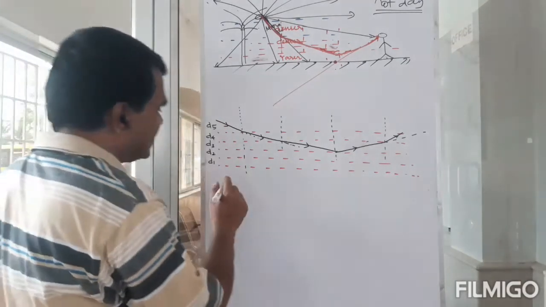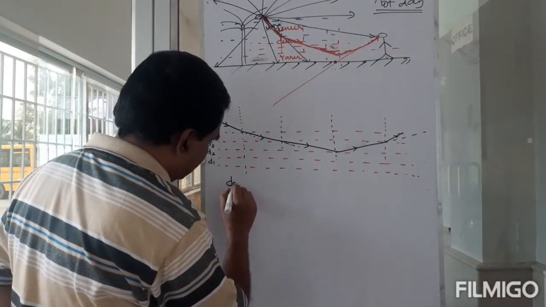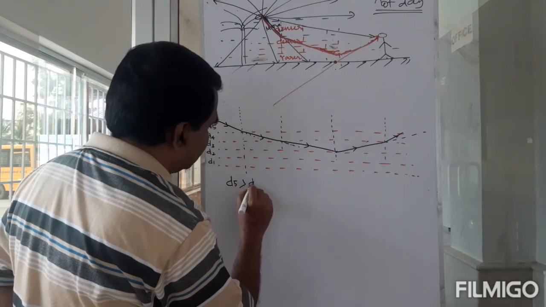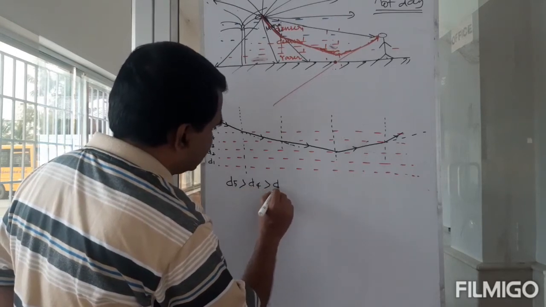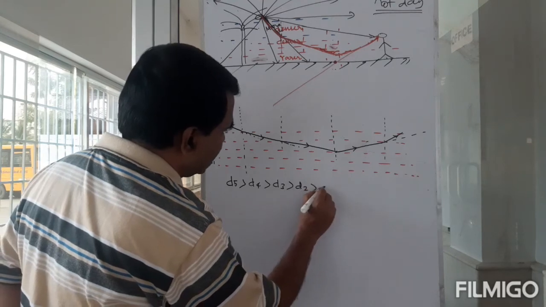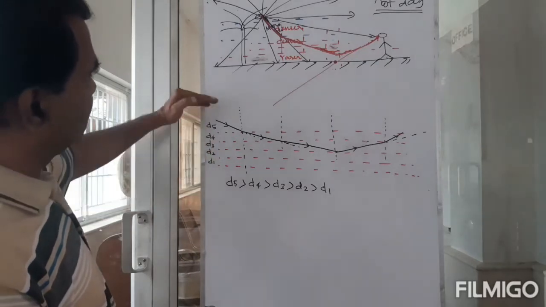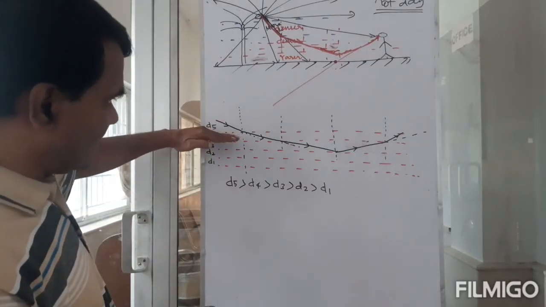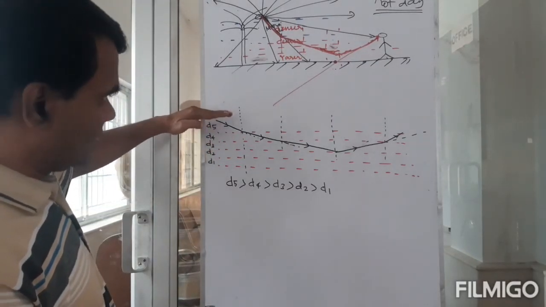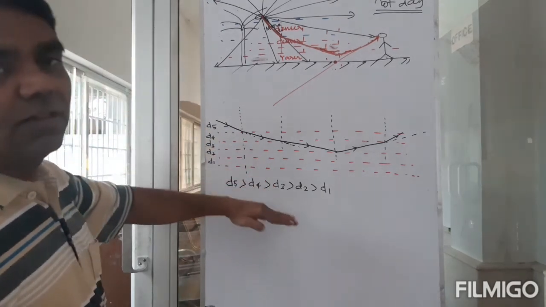D5 is the densest of all. D5 is greater than D4, and that is greater than D3, and D3 is greater than D2, and that is greater than D1. So this is the densest, then less dense, even less dense, even less dense, and that is how it is.